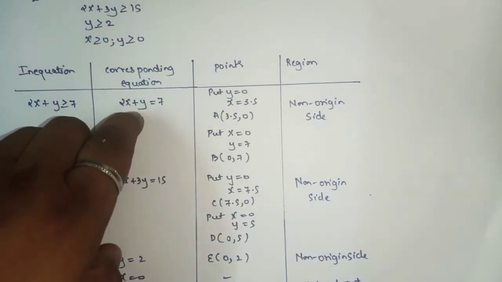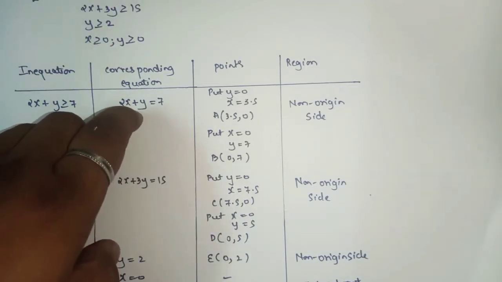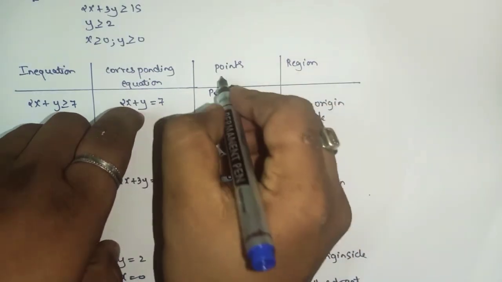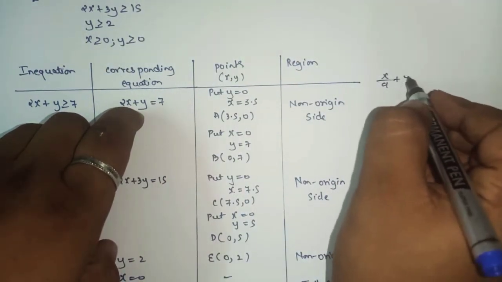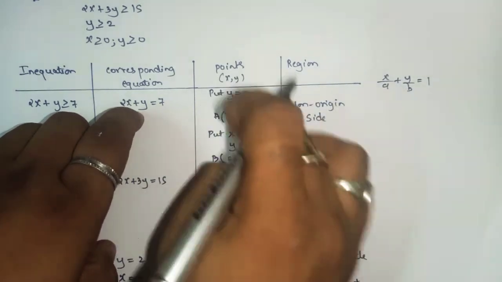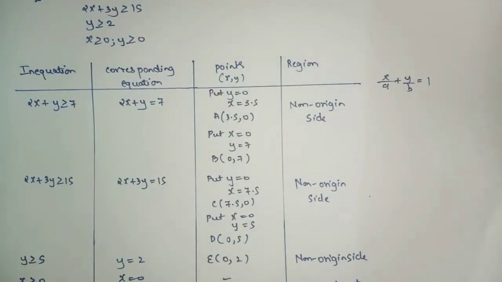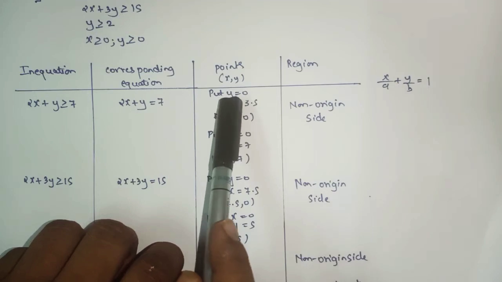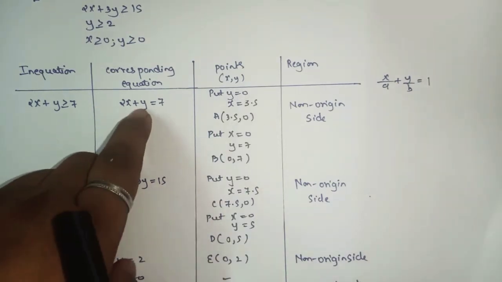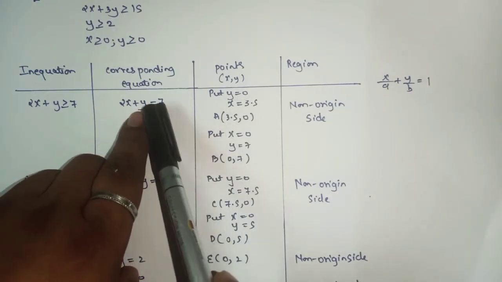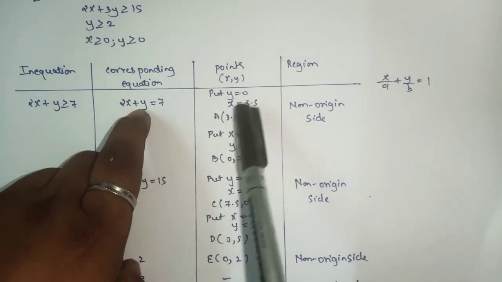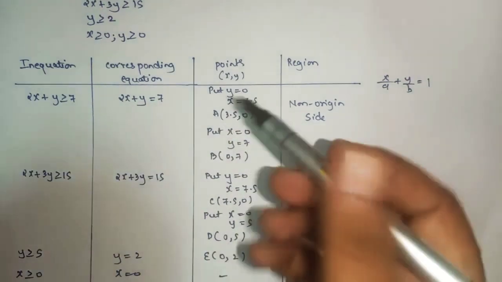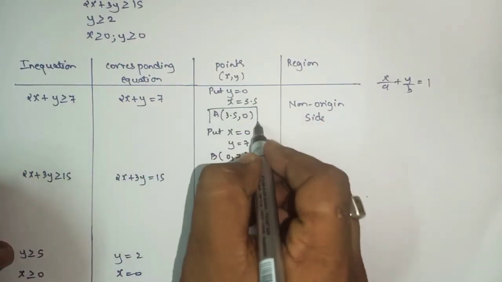There are two ways to find your point x comma y: one by converting into double intercept form, or first you will put the value of y as 0, where you will get the value of x. When y is 0, 2 will come down. So 7 upon 2 is what? 3.5.